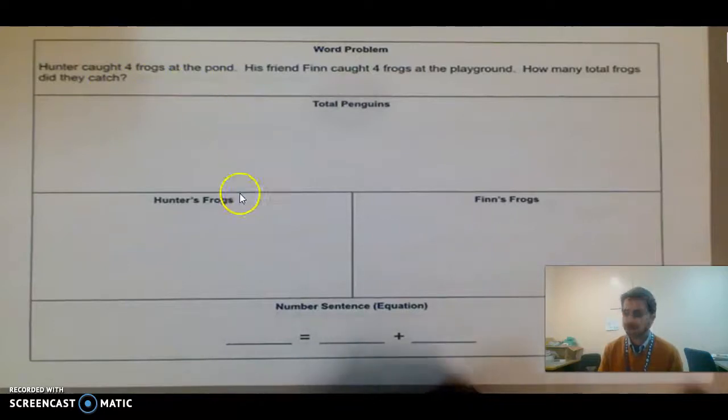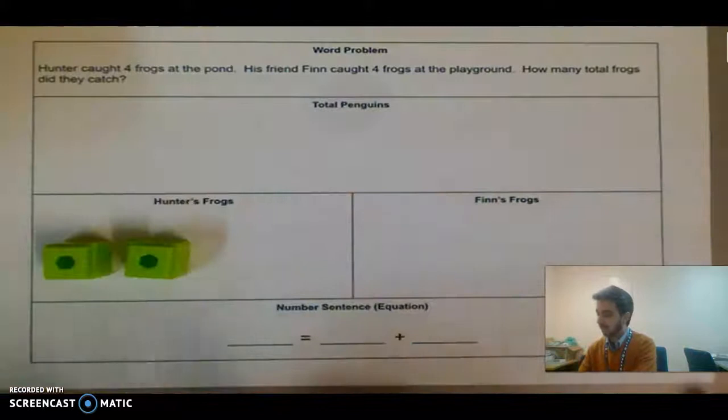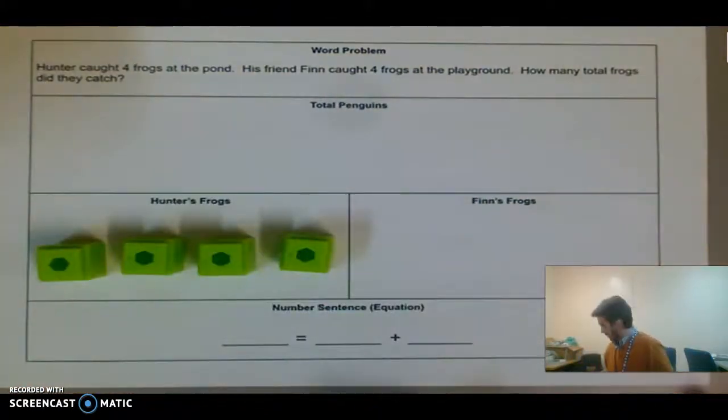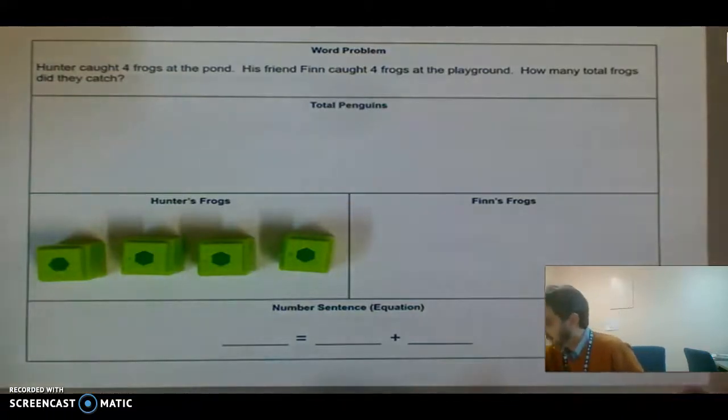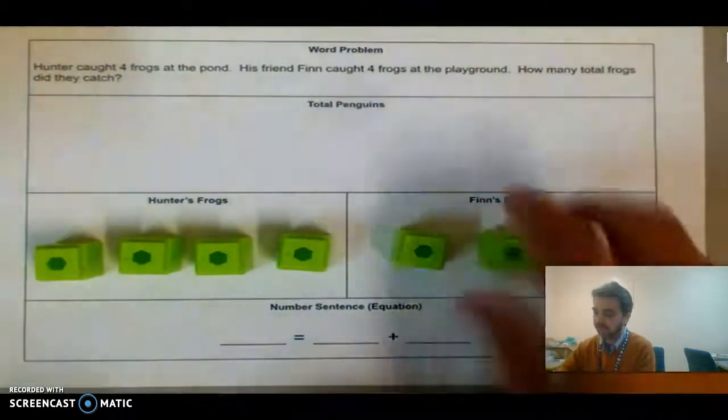Right? Hunter caught 4 frogs at the pond. So we would put 4 connecting cubes here. All right, and do I have 4 more? I have 3. I'm looking for green. Oh, here's a green one. Oh no, I have it right here. 1, 2, 3, 4. Okay, so then we're going to put 4 for Finn.